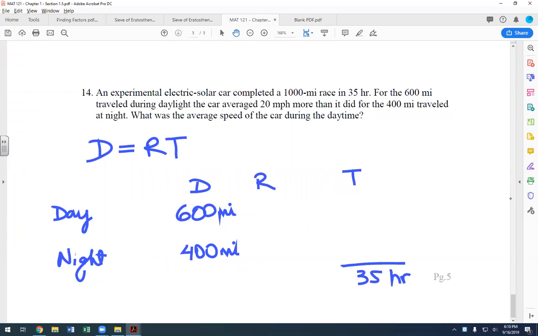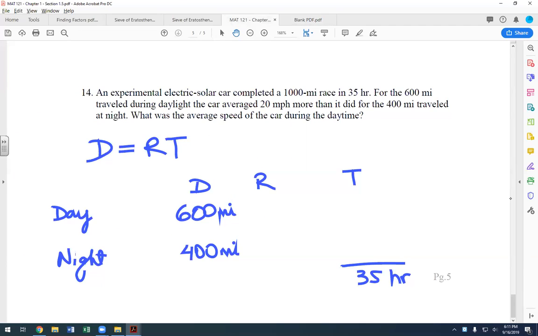I'm assuming it would be something like in the daytime it would be X plus 20, and then for the night it's just X. Yeah, so it actually depends on how you define your variable. Are we defining X for the daytime or nighttime? I would prefer using X for the daytime because that's the value we're trying to find.